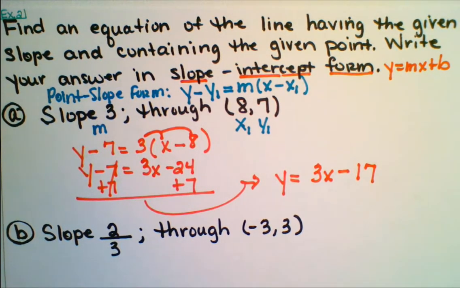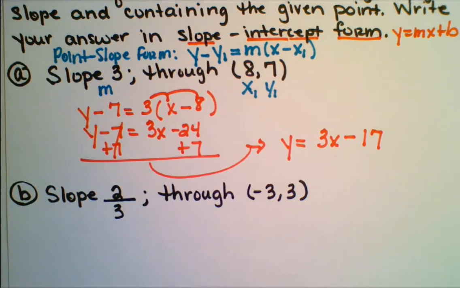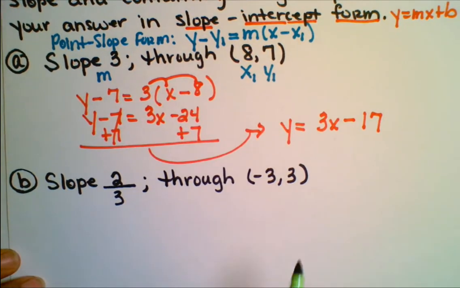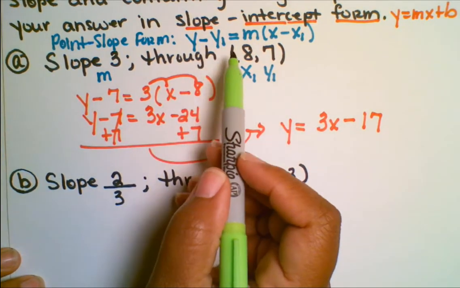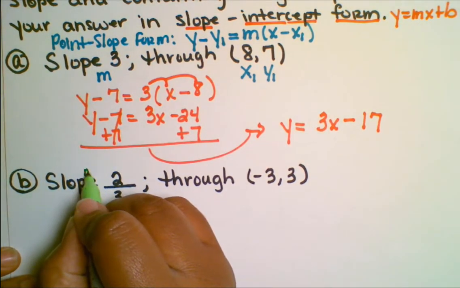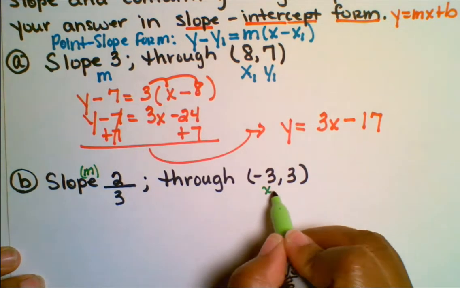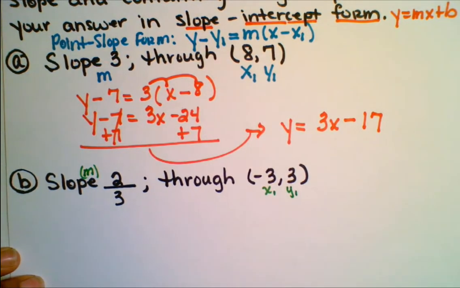Example B. We have a slope of 2/3 through negative 3, comma 3. Using the point slope formula, our slope, which is 2/3, we have our x coordinate and our y coordinate.